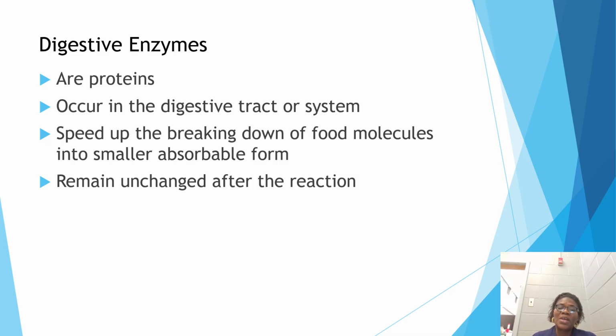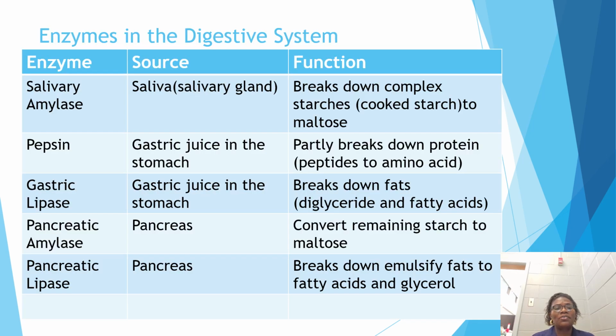And after the breaking down, after the digestion, they remain unchanged. So we are going to look at different digestive enzymes, what they act upon, the food that they act upon, and where they are found. So let's look at the enzymes in the digestive system.